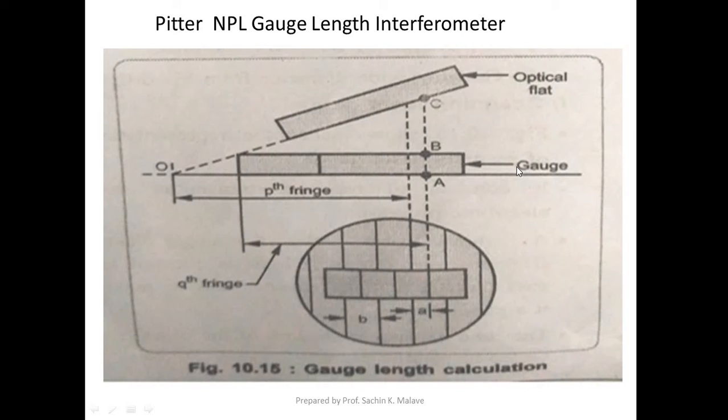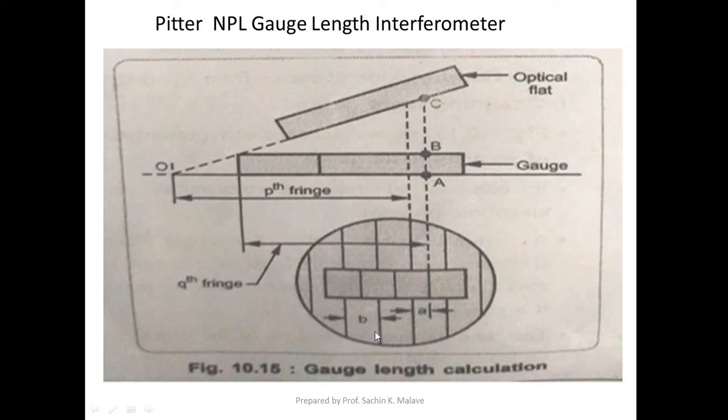Now let us see how the actual interferometry takes place, or how to measure the actual gauge length in this case. So you consider how the gauge length is calculated. To calculate the gauge length, you consider a pair of fringes. As you can see, this is a set of fringes.